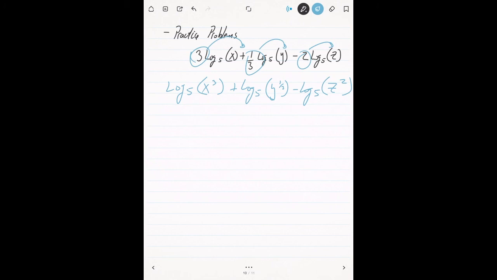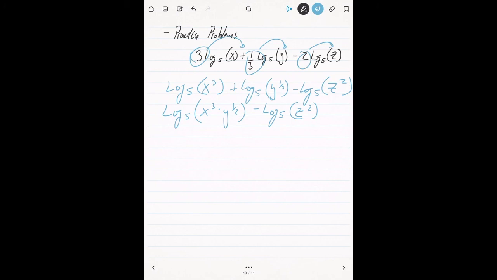Now, let's try to see if we can piece together what fraction we're going to have. Well, first off here, notice that I'm adding these expressions together. So that means I must be multiplying the arguments. And again, this is just going off of what properties I know.